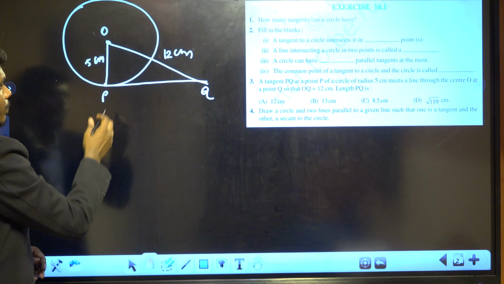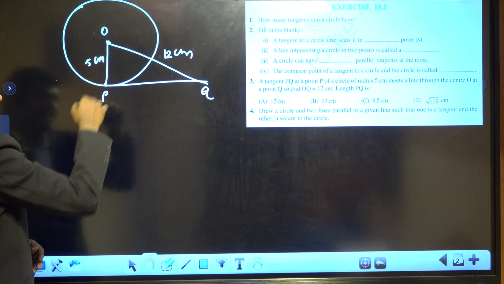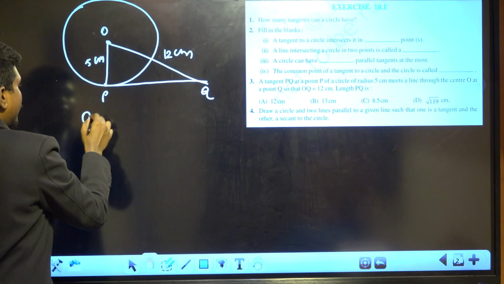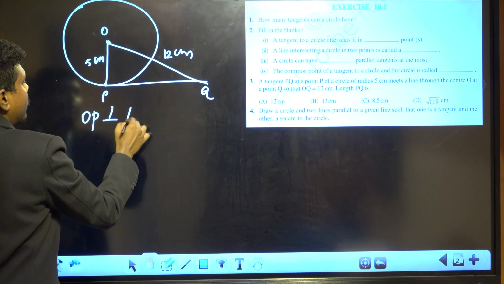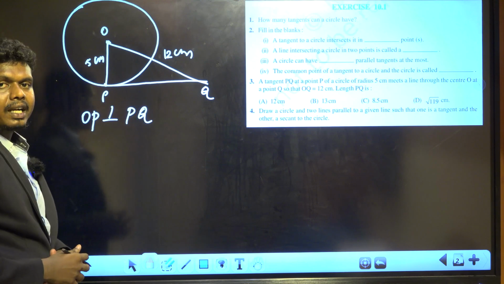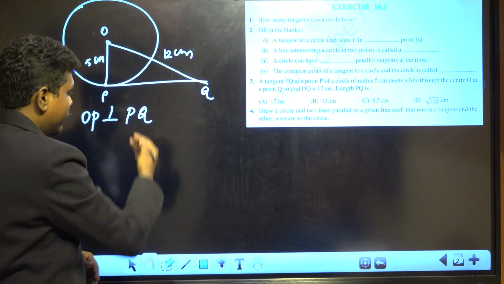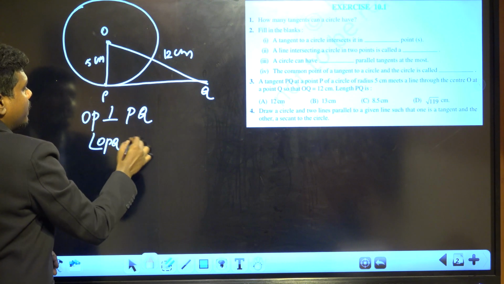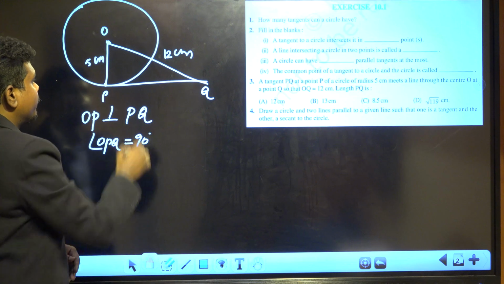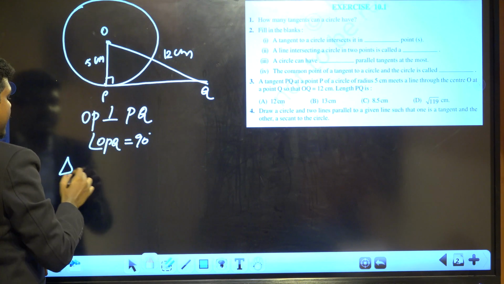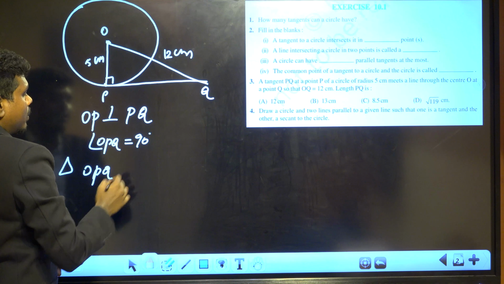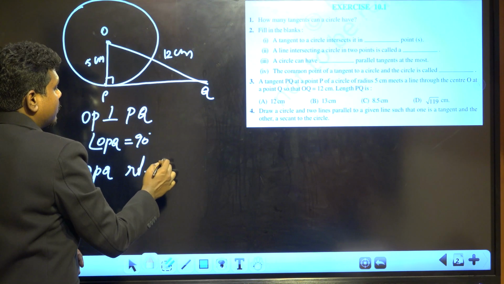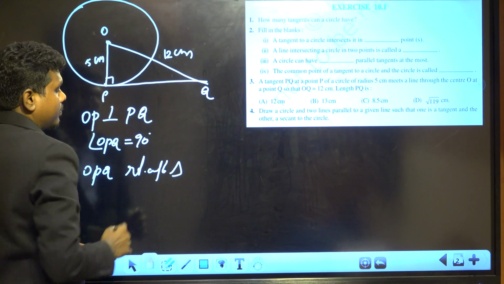By applying theorem 10.1, the radius is perpendicular to the tangent at the point of contact. OP is perpendicular to PQ at the point of contact. From here, angle OPQ is equal to 90 degrees. Considering triangle OPQ, it is a right angle triangle.